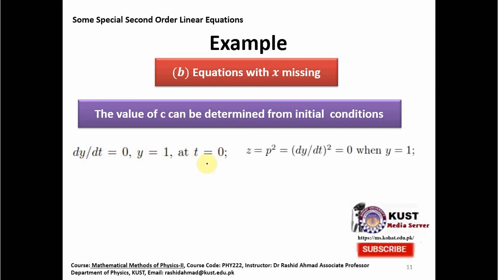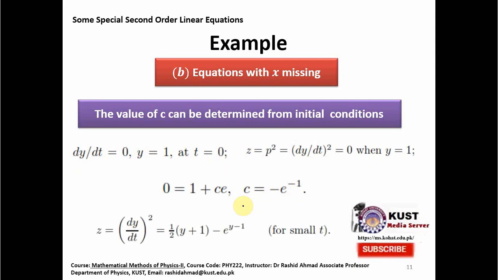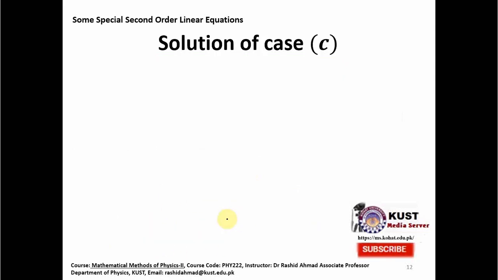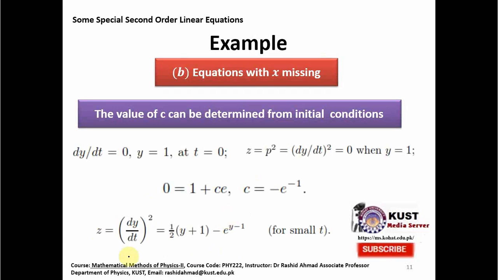If we put these conditions into the equation, we get that the value of c is equal to minus e raised to power minus 1. So if you put the value of the integration constant into the equation, this is the form that the equation takes, and this is the final solution we have got.